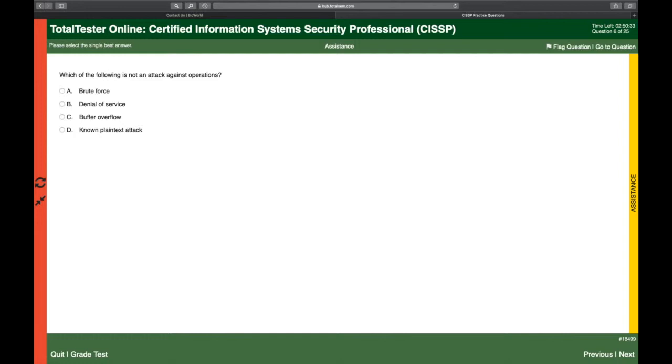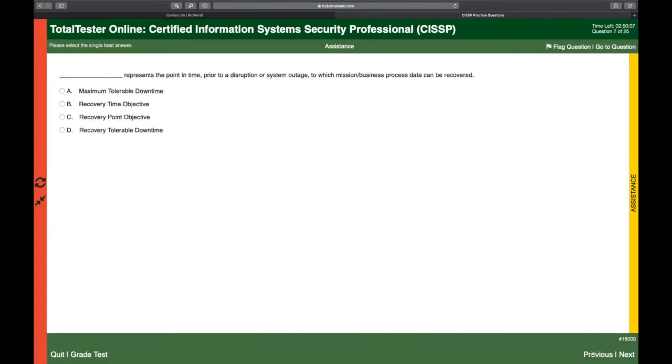A little bit tricky, but anyone ready? I think Delta. Yep, anyone else? That's what I'm thinking. D. Delta, known plain text attack is an attack against cryptography. Wouldn't necessarily call that an attack against operations.